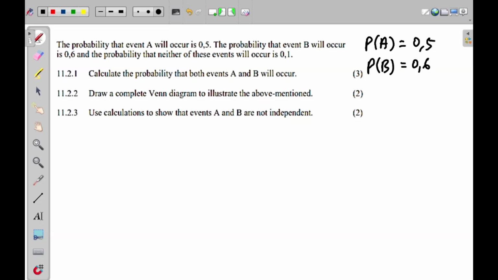And the probability that neither of these events will occur is 0.1. And this is where the big question comes. What actually are you given here? I hope you take note that this refers to the complement of the union.